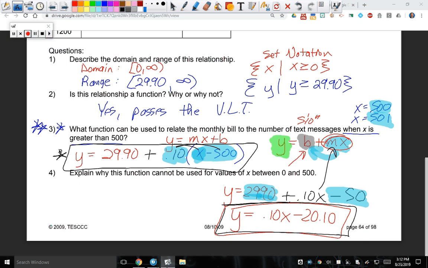Okay? Now, number 4 says, explain why this function, the function that we just found, either of them, cannot be used for values between 0 and 500. You can't use this for between 0 and 500. You can use it for after, but you can't between 0 and 500. Why? Okay, I heard it.